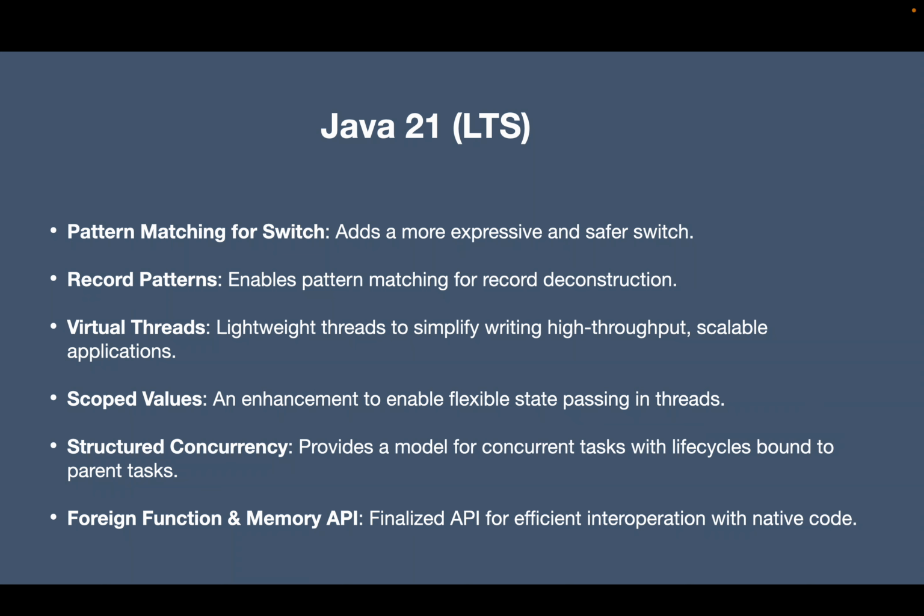Then handling concurrency more efficiently, so these are introduced in this version. This is part of an initiative from Oracle to handle concurrency efficiently, simplify it, and give a lightweight concurrency model that can handle millions of threads with low overhead. So that's why these features got introduced.